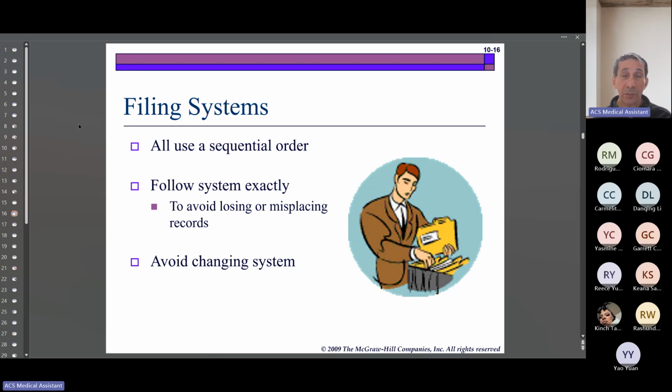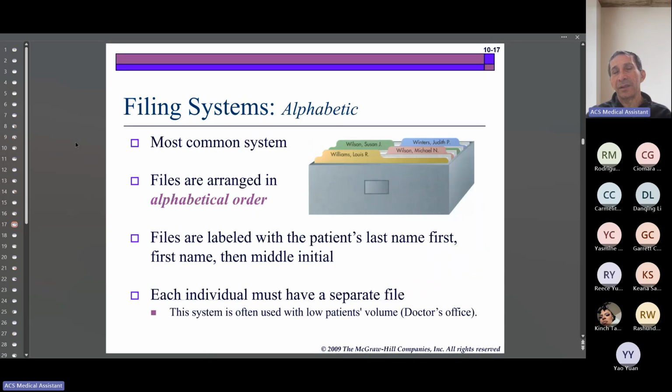We're not going there to change things. We're just going to continue with the flow that they are having and do it in that fashion. Because otherwise, once again, if you go change things around and nobody knows, then you're going to have problems, because files, charts, medical records are going to be filed in the wrong place. And that's not good.